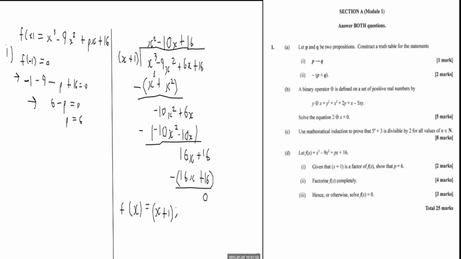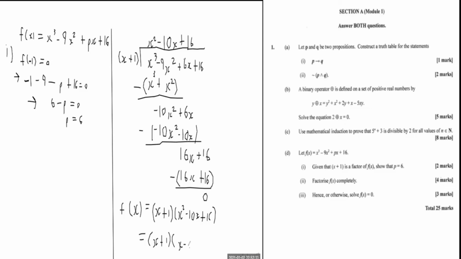So let's write down this quadratic factor of x squared minus 10x plus 16. And then you can factorize that quadratic expression there. All right. And so finally, when we completely factorize f of x, we can see that f of x is x plus 1 multiplied by, this looks like the signs are the same, both of them negative.